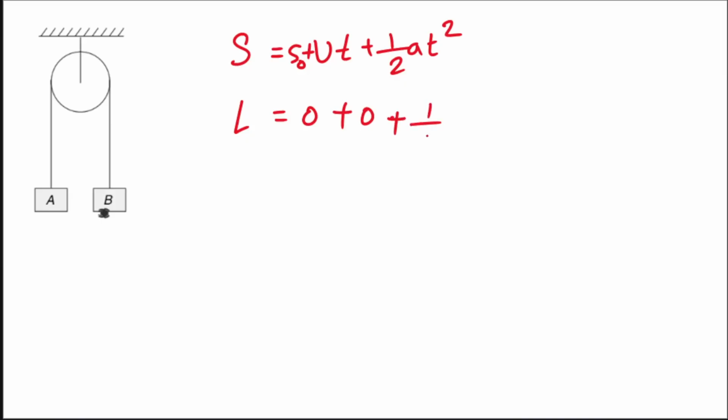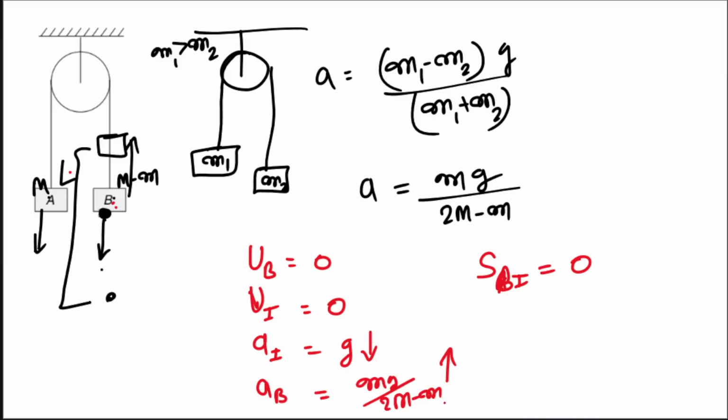And what is relative acceleration? So देखो, एक का acceleration down है, दूसरे का up है. So if you are calculating relative acceleration of insect with respect to B, let's say, so you will write aI minus aB. ठीक है. So aI is g in downward direction minus of aB in upward direction.